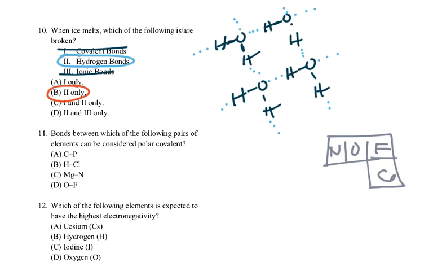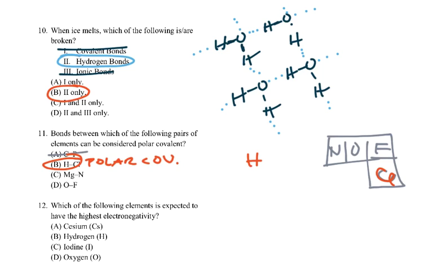Polar covalent, you want one that is weak and one that is strong. So C and P, neither of those comes from that strong group, so that's not the answer. H and Cl, that's the answer, because H is a weak nonmetal and Cl is a strong nonmetal.